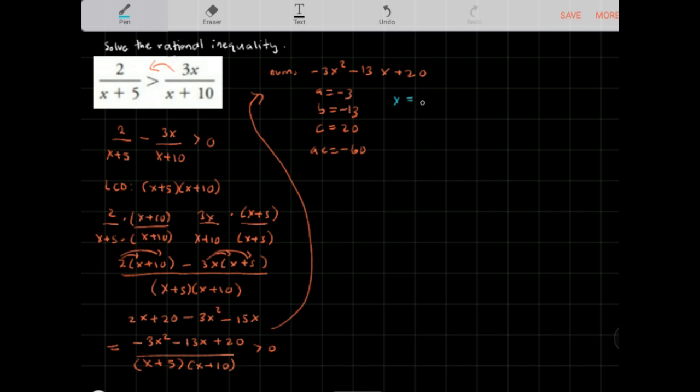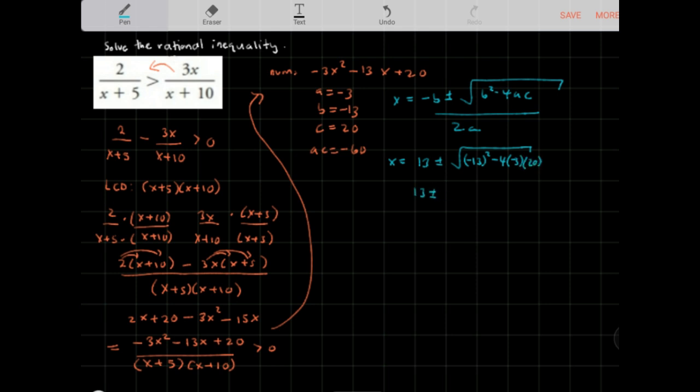So I'm going to be using x is equal to negative b plus or minus the square root of b squared minus 4ac, over 2a. By doing so, x is equal to negative b, which is 13, plus or minus the square root of negative 13 squared minus 4 times negative 3 times c, which is 20.